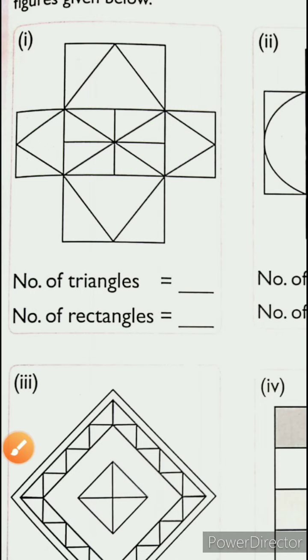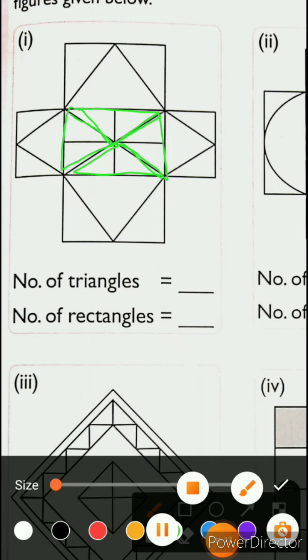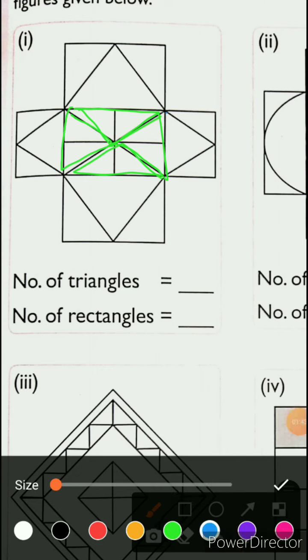Now just count other triangles also. 21, 22, 23 and 24. Okay, 24, and now 25, 26, 27 and 28. So total we have 28 triangles here.